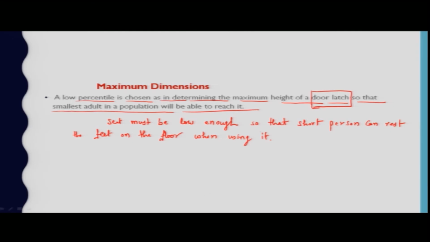Thus the seat height must be no higher than the first or fifth popliteal height in the population.